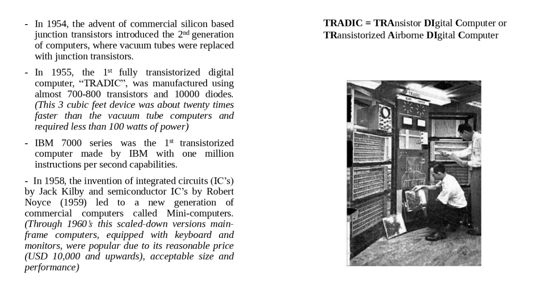And the IBM 7000 series was the first transistorized computer made by IBM with a capability of 1 million instructions per second. So if in 1 second it can perform 1 million instructions, 1 million programming lines, you can say.